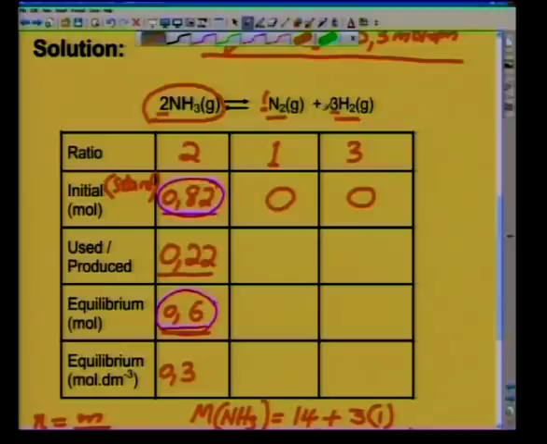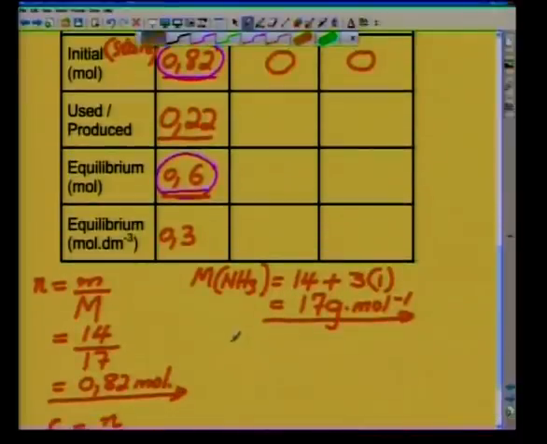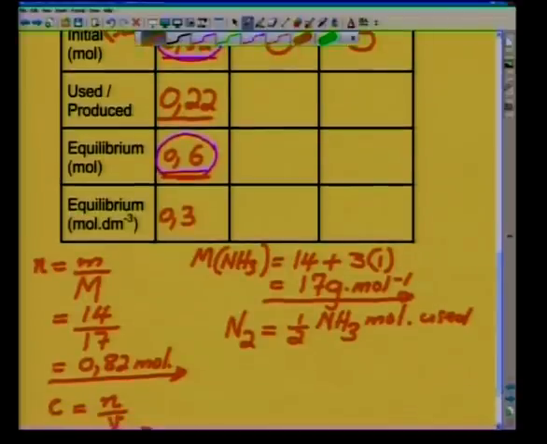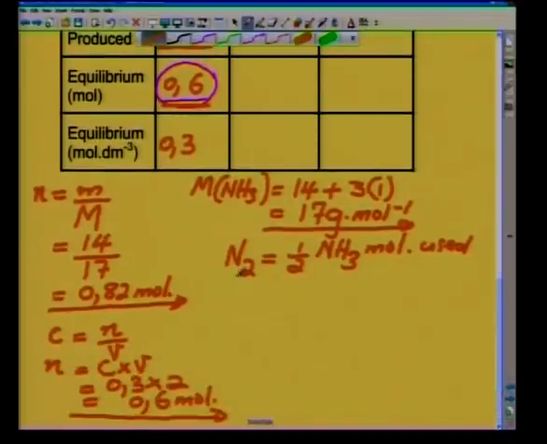So you can say that the number of moles of N2 that has been formed will always be half the number of moles of NH3 used. This is what we will always have from that ratio. Moles of N2 will always be half of that from the ratio.